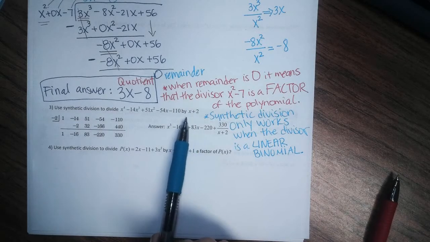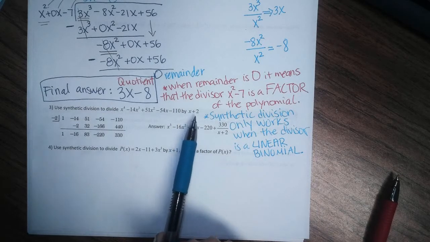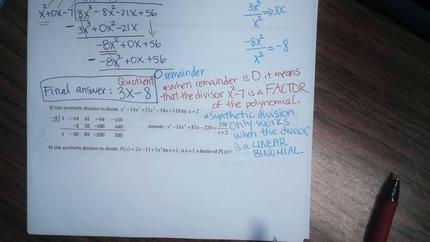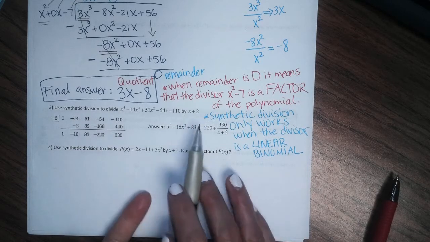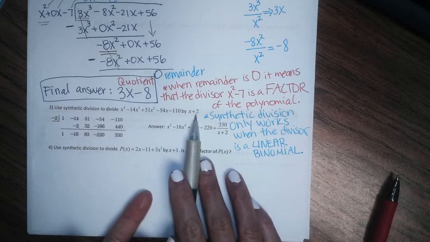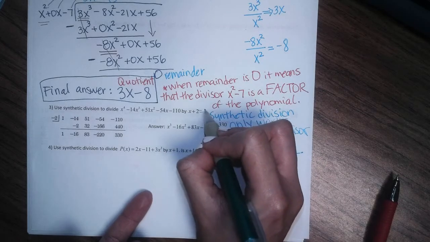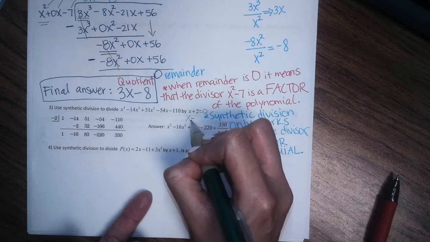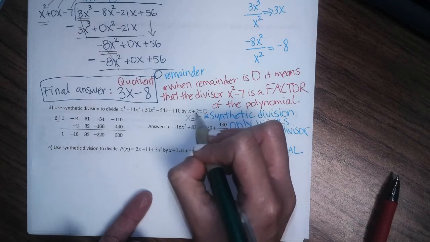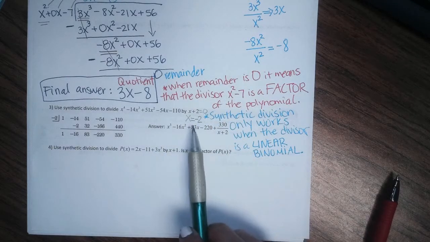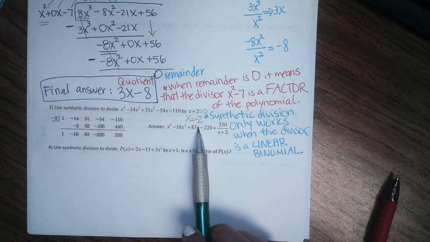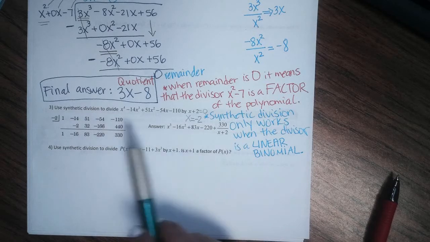Okay, so now let's use synthetic division, which is the other half of your quiz. If your divisor is a linear binomial like x plus 2, we can use synthetic division. The first step is you take your divisor, x plus 2, and set it equal to 0 and solve for x. So here, x plus 2 is my divisor, so x would equal -2. And that's what I'm going to use in my synthetic division.